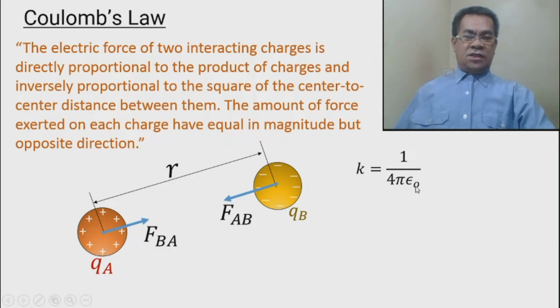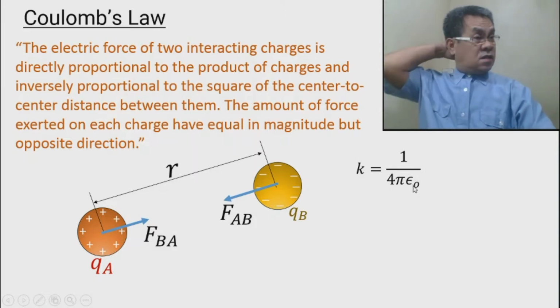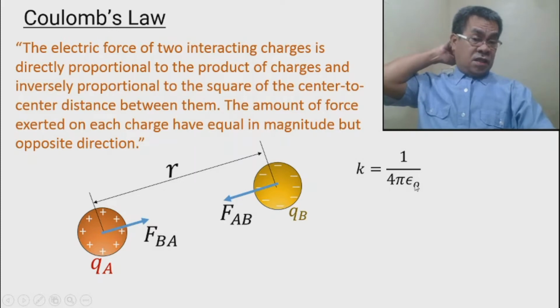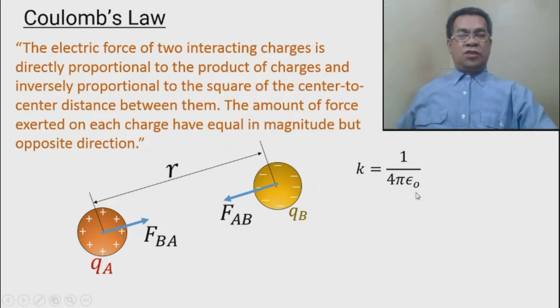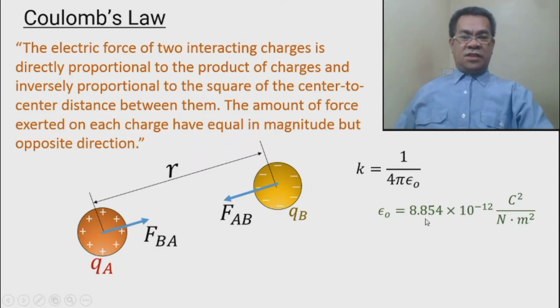Epsilon naught is actually the ability of the electrostatic field to penetrate within the medium of a vacuum, or empty space. It has a value of 8.854 times 10 raised to 12, and the unit is coulomb squared per newton meter squared.